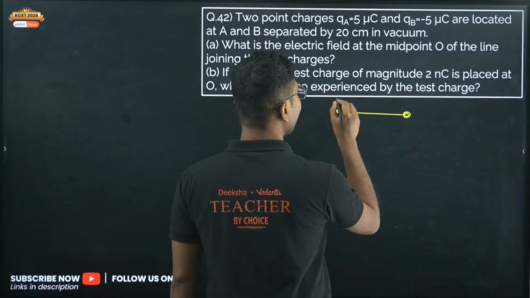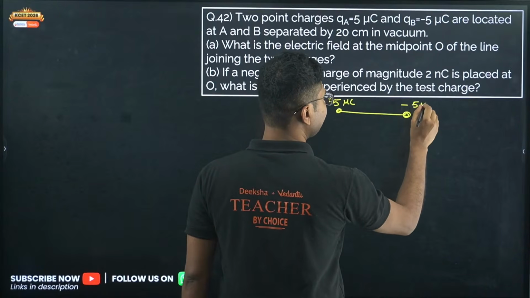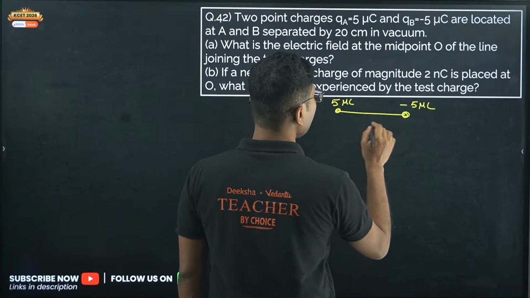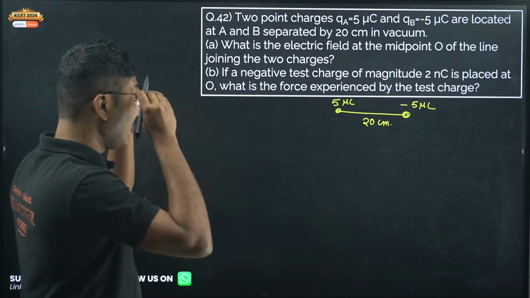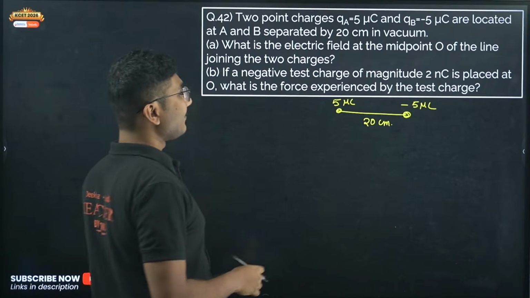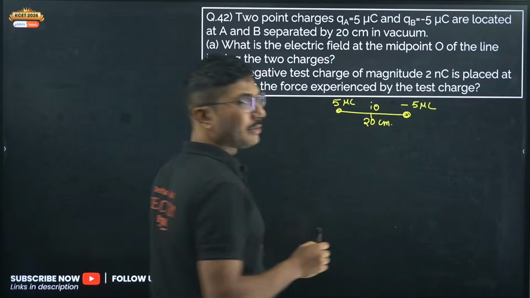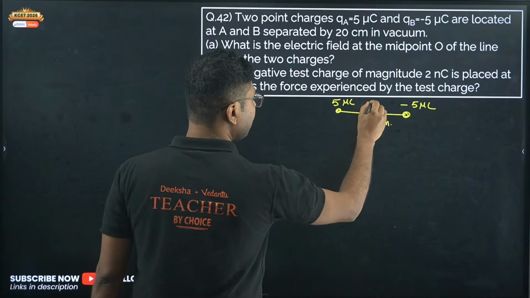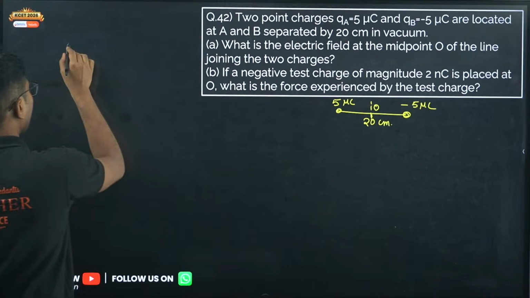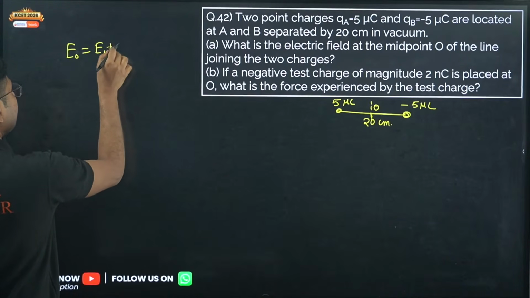Okay, here we have 5 microcoulomb and minus 5 microcoulomb separated by 20 centimeter. And what is the electric field at the midpoint O? So electric field at the midpoint O is given by E1 plus E2.